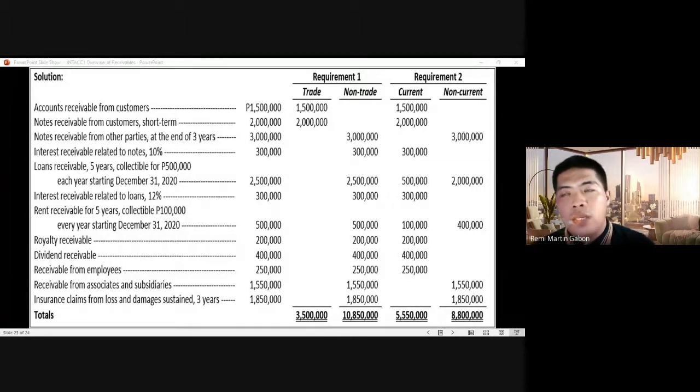As I have told you again earlier, the most important for FS presentation is the classification as to current or non-current. The trade and non-trade distinction is maybe just for management reporting. Most common for external reporting, or outside party reporting, are the FS users, the lenders and creditors and other users.